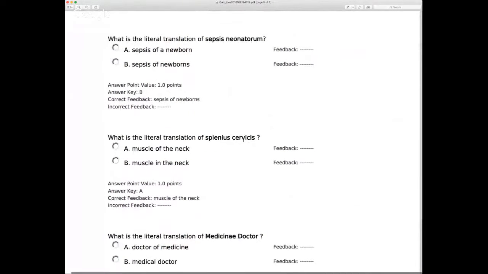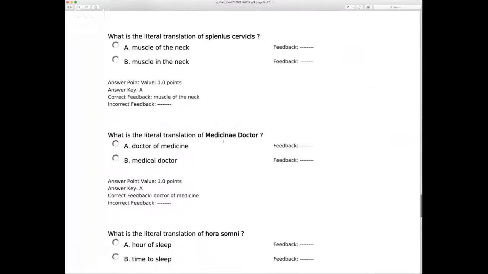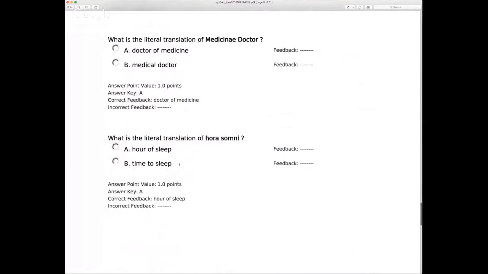That's why splenius cervicis, muscle of the neck. Medicinae doctor, sorry, I'm pronouncing it the Latin way, medicinae doctor, a doctor of medicine, though I didn't accept medical doctor because we do translate the phrase that way. Doctor of medicine. Hora somni, the hour of sleep, not time to sleep, hour of sleep.